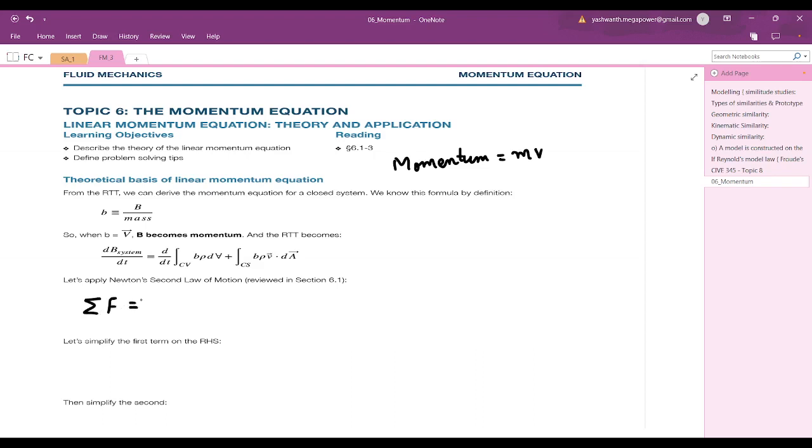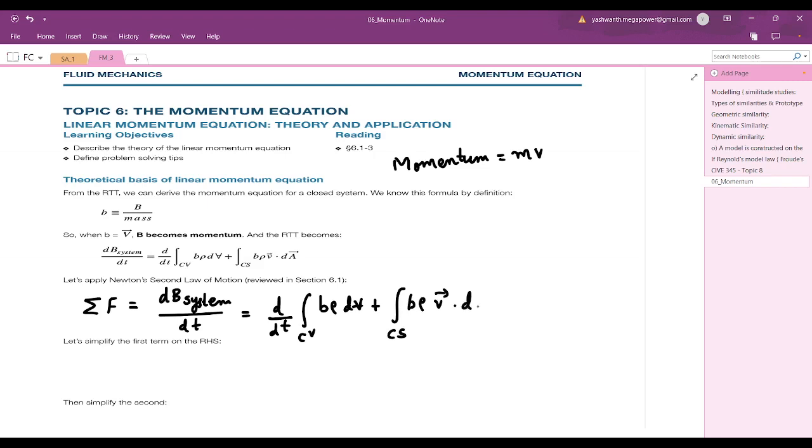So sigma F is equal to d by dt of the control volume integral of b rho dV plus the control surface integral of b rho V bar into dA.